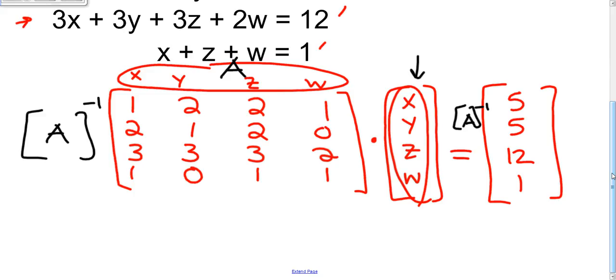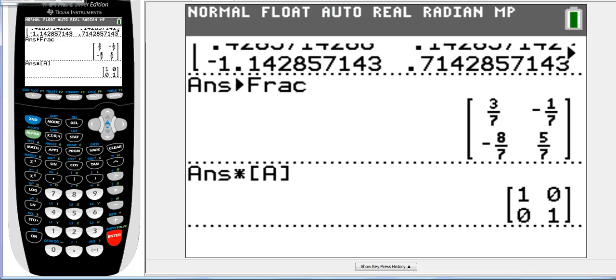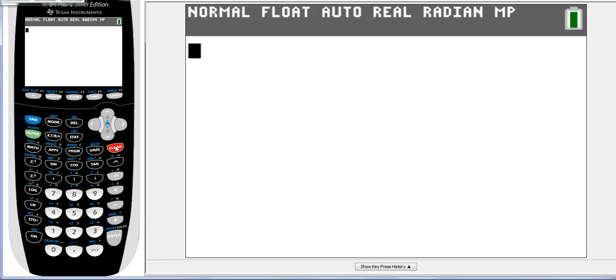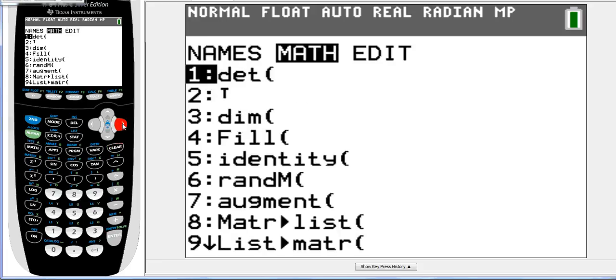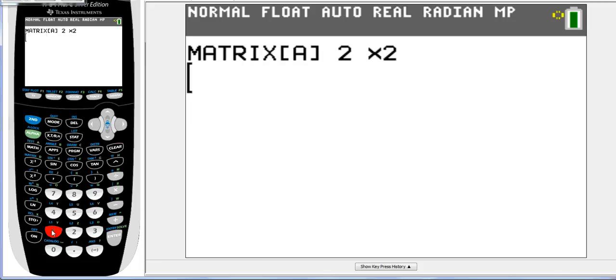I'm going to use my calculator to do this. First of all, I have to enter my two matrices. This matrix, like we said, is A, and I'm going to call this matrix B. I am going to be at the main screen. I'm just going to clear this out. I want to go to my matrix menu and go to the edit. I'm going to put matrix A in. In this case, matrix A is a 4 by 4 matrix.